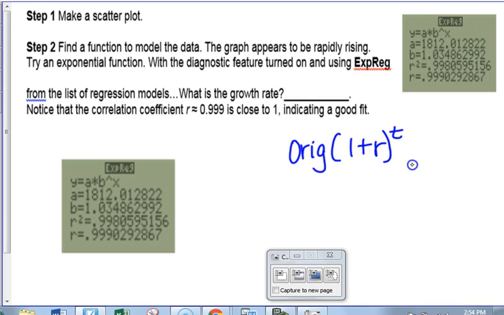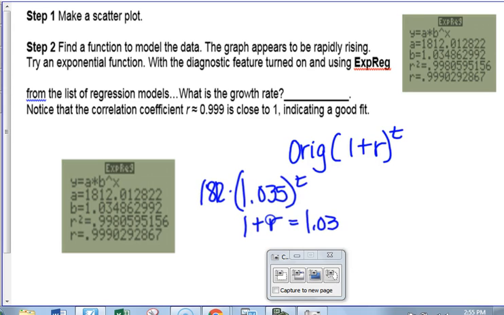Can you tell me what the growth rate is? We wrote down 1812 times 1.035 to the t. So this is 1 plus what rate? Yeah. The growth rate is 0.035 or 3.5%.